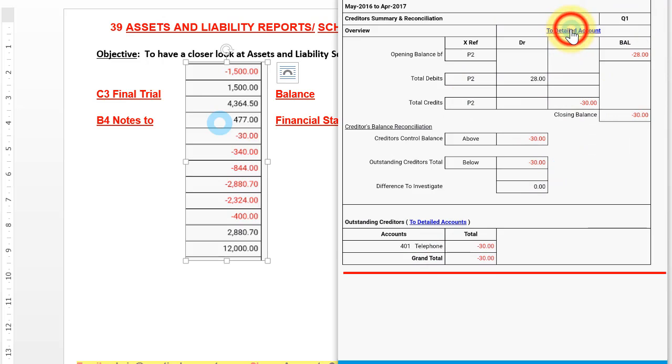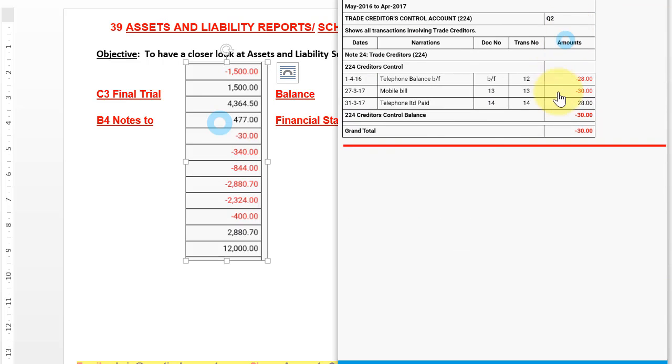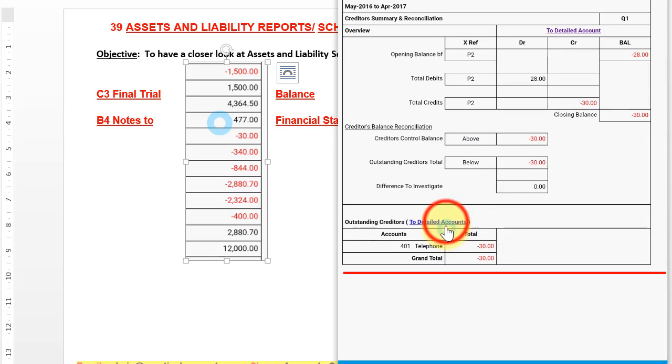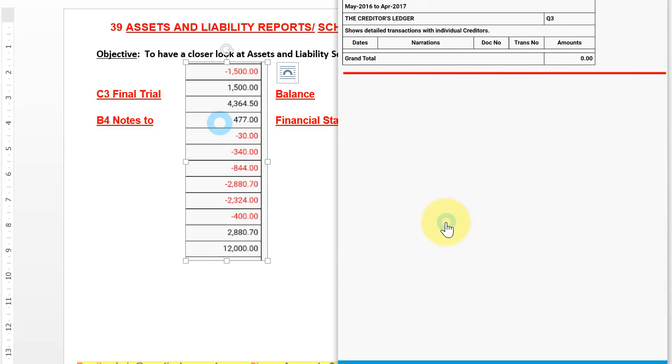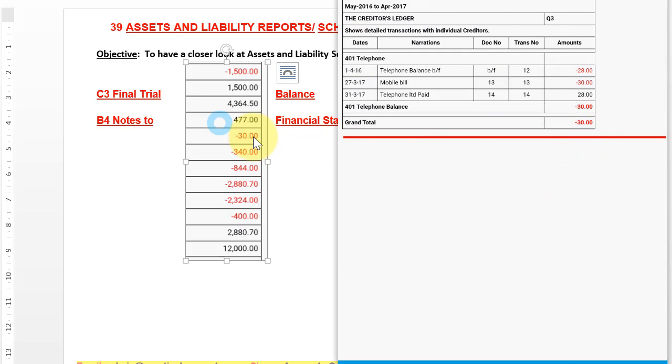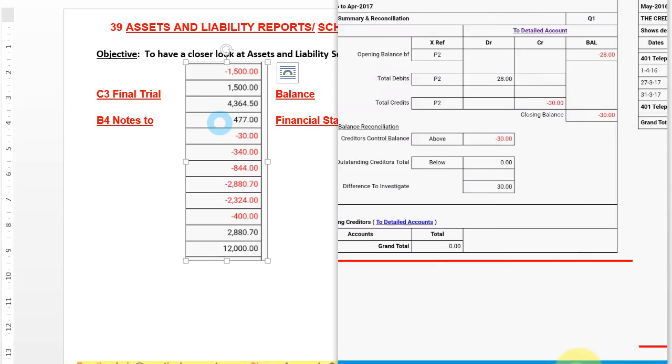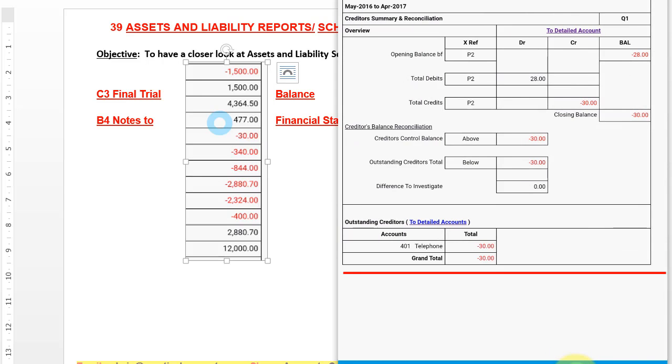If we like, we can go to the detailed reports. This is the creditors control account. Let's go back and we can go to the individual creditor accounts, also showing £30. So there is plenty of support for that figure.